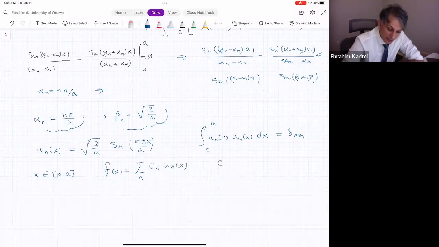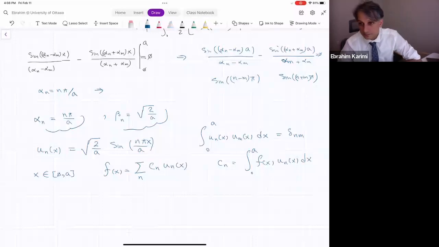And how do you define Cn? It will be the integral from 0 to a of f of x times u n of x dx. In the same fashion, multiply both sides by u m of x and integrate from 0 to a; inside of the summation that will give you a delta function. So only one term of the summation will remain, and then the rest can be built up. Okay?